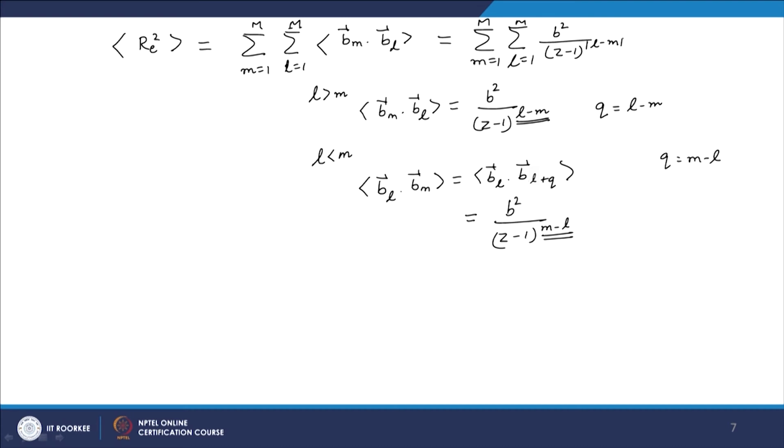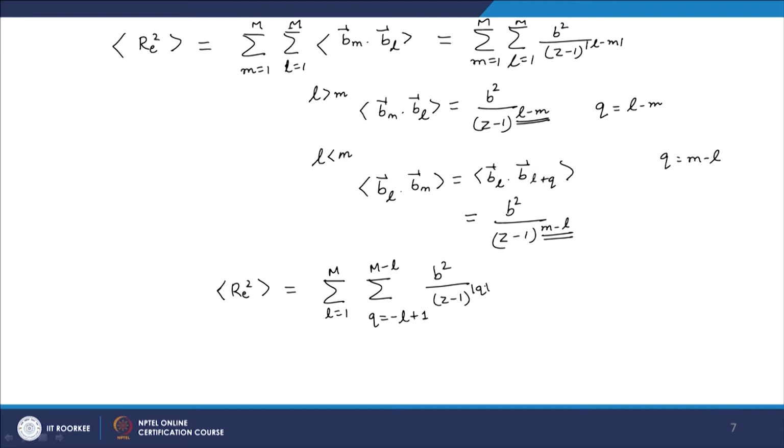Okay. And now, let us look at what that sum is equal to. The way I will do it is I will use the formula for the geometric series. Okay. So, in general what I am writing here, I can write like this.